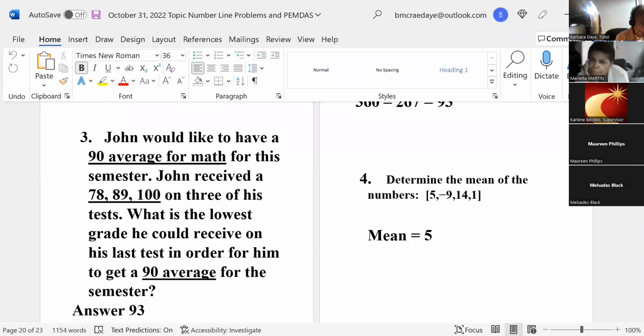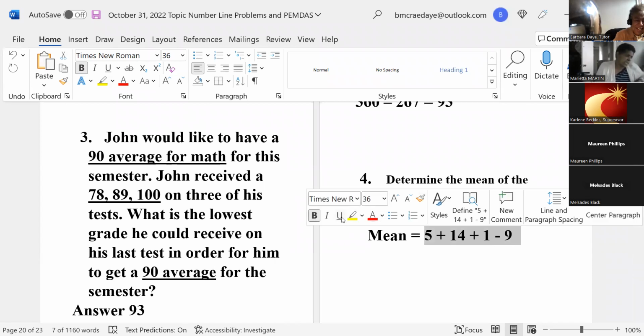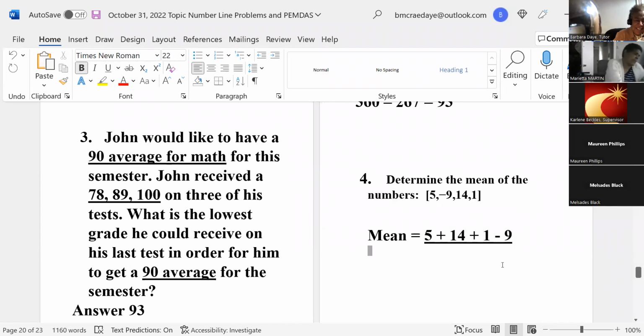I made a mistake. 5 plus 14 plus 1, minus 9. And what does that give you? 19. Isn't it 19? Hold on, I'm counting wrong. Wait a minute. Subtract 5 from 9 is 4, right? 4 and 1, 5.